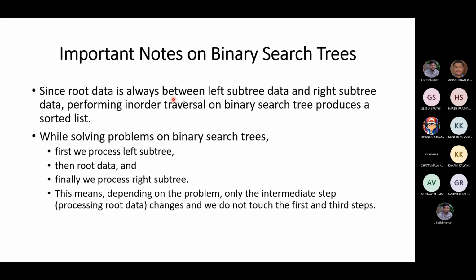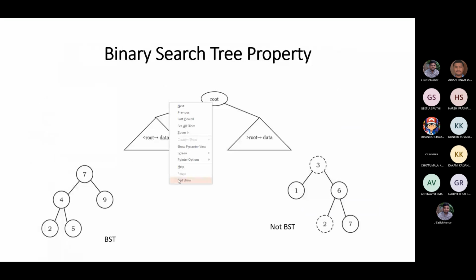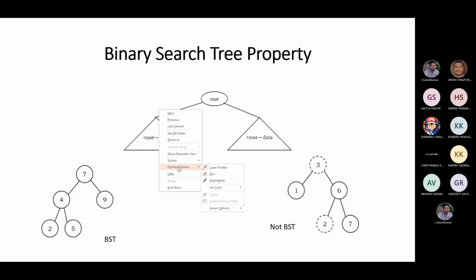Since the root is always between the left subtree data and the right subtree, performing in-order traversal of a binary search tree will always produce a sorted list. Do the in-order for this tree. What is the in-order traversal for this tree? Can anyone tell? In-order is left subtree, root, right subtree, correct?